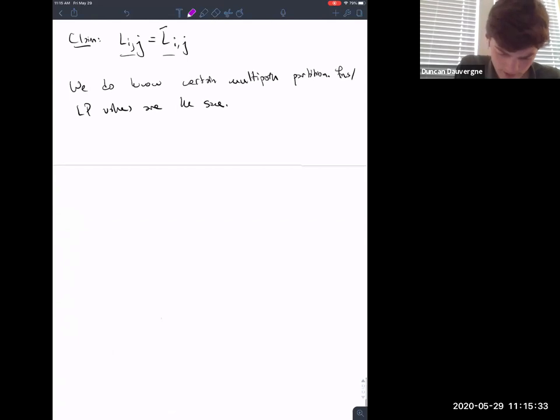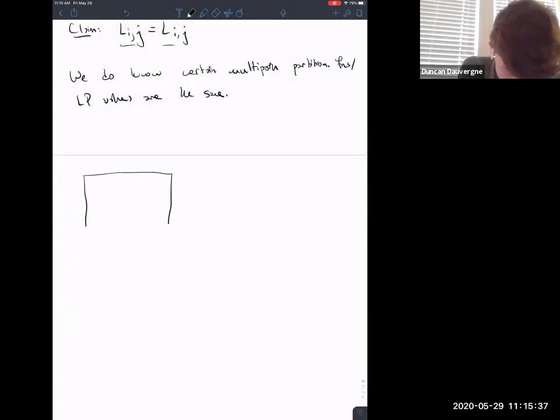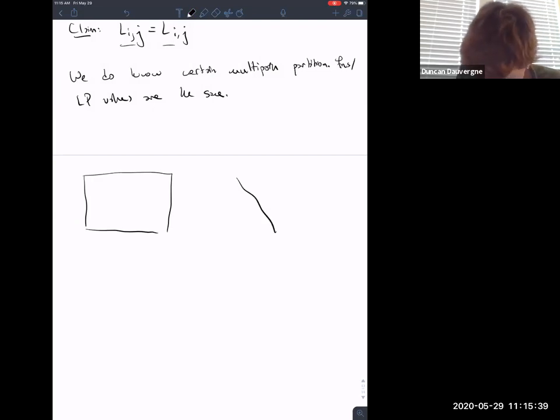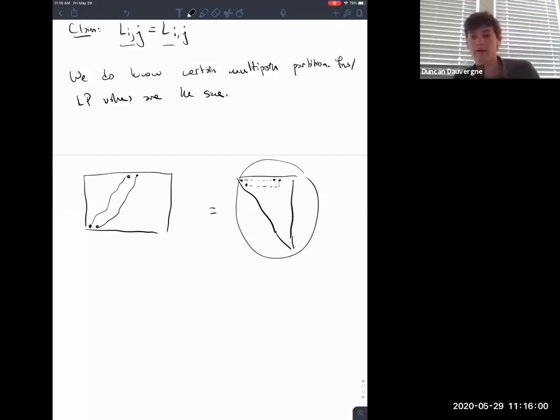I'm going to redraw the picture just because I think it's getting a bit messy. So if I have, say, 2 points over here up to 2 points over here, this is equal to these 2 points over here to these 2 points over here, just because that's exactly how we defined the entries in this diagram over there.